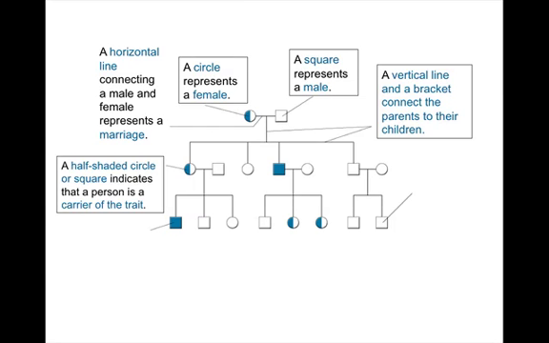A half-shaded circle or square indicates that that person is a carrier of the trait. And a carrier of the trait would mean that, if we're talking about dominant and recessive, remember capital R is dominant and little r is recessive.